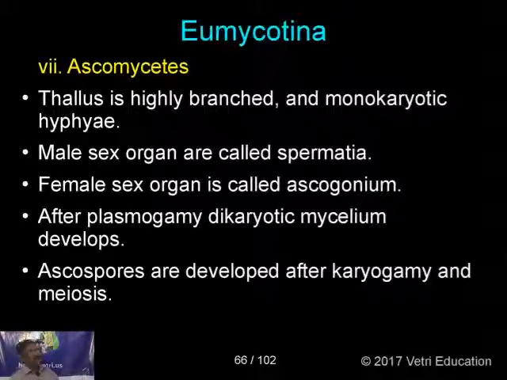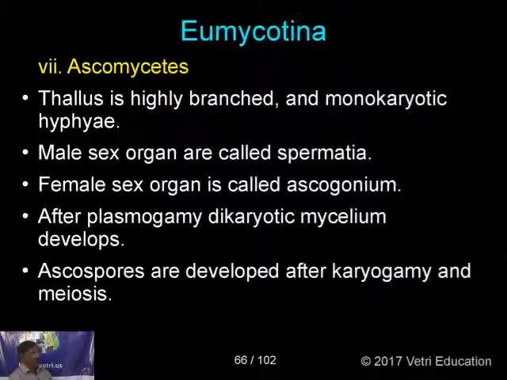Sometimes the fusion of nuclei is postponed, and later the fusion of nuclei takes place and forms the zygote, and we have haploid ascospores. Here the male sex organ is called the spermatia and the female sex organ is called the ascogonium. After plasmogamy, that is the fusion of cytoplasm, the dikaryotic mycelium develops.